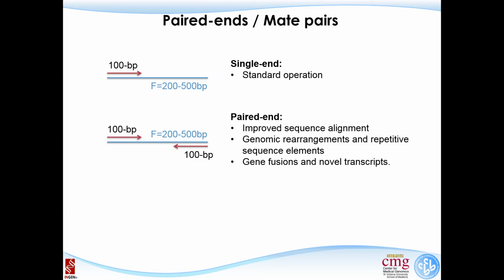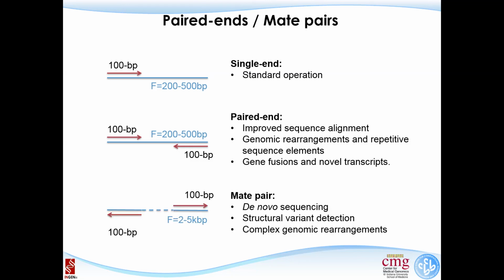Does that make sense? The mate pair is different. This would be a good exam question about the differences between paired end and mate pairs. The first major difference is the fragment length. For paired end, the fragment length is similar to single end; you just choose to sequence one side or two sides.